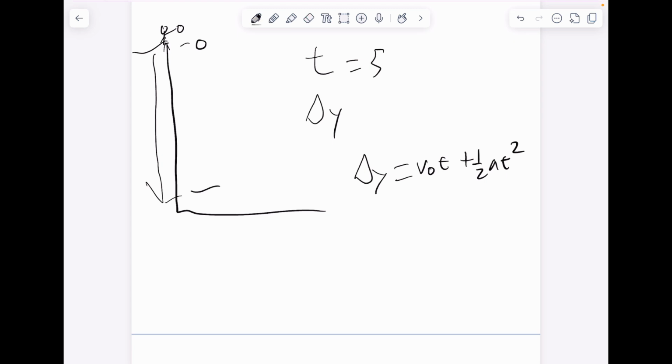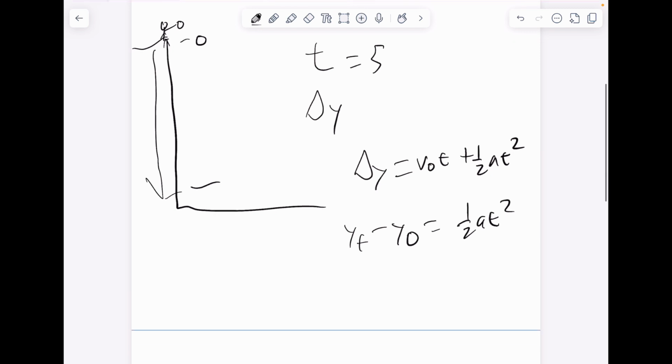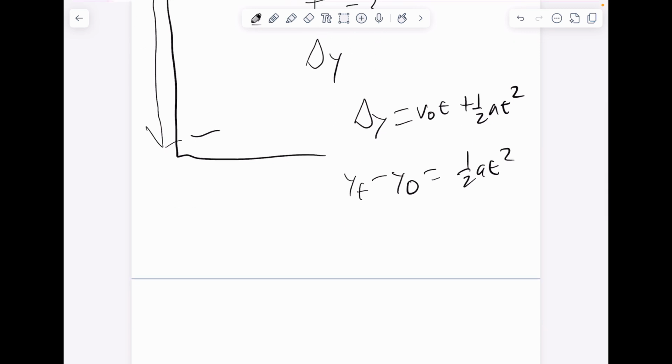And for the sake of making this simpler, I'm going to write yf. And we know that y0 is 0 simply because I set it as that, as the question usually specifies. So it would be yf is equal to 1 half at squared.